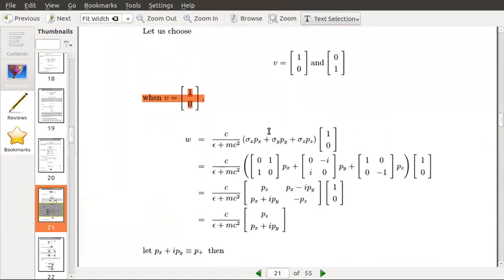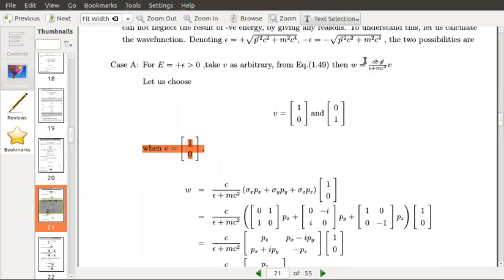Then W equal to, you substitute it here, c sigma dot P. We have written c sigma dot P as sigma x px plus sigma y py plus sigma z pz, acting on 1 0, that is V. The denominator is epsilon plus mc squared.